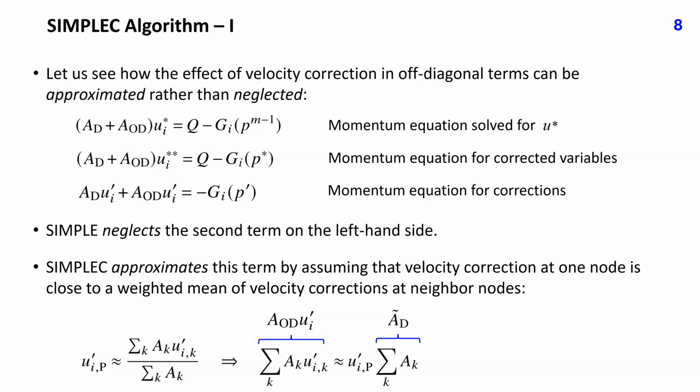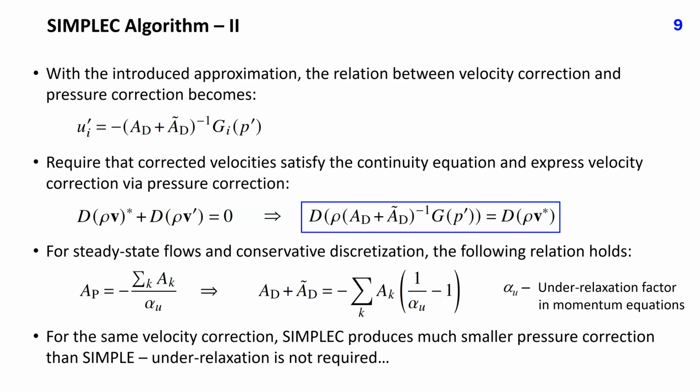In this way, we obtain again an equation in which only the velocity correction at node P and the gradient of pressure correction appear. With the introduced approximation, the relation between velocity correction and pressure correction becomes simpler, given by this expression.